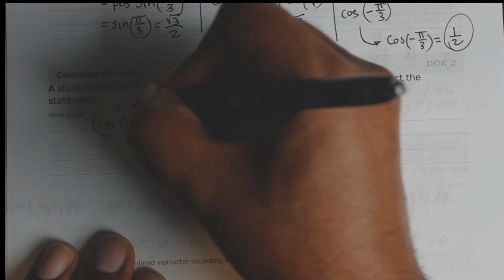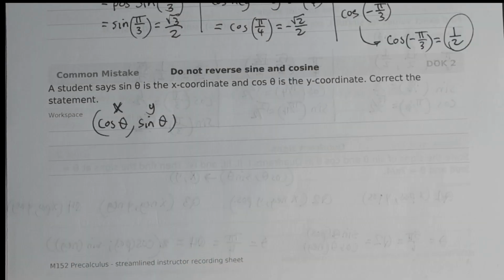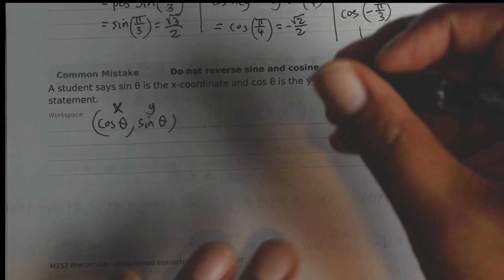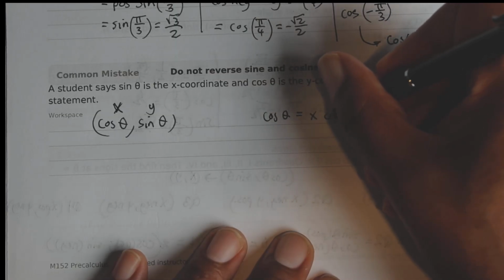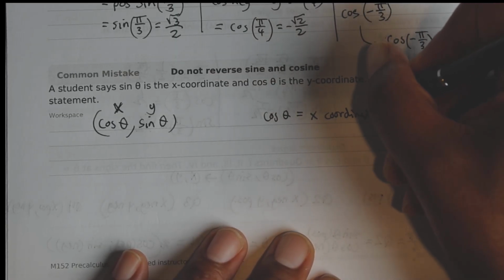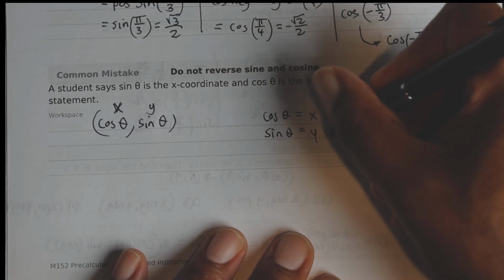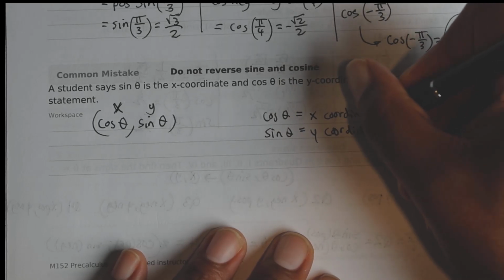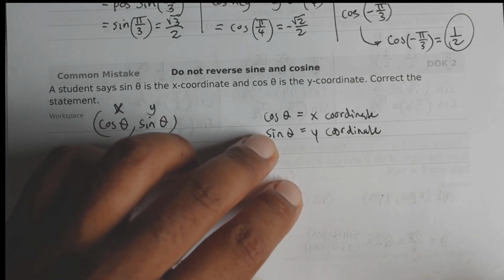Cosine theta is the x coordinate, and sine theta is the y coordinate. Just keep that in mind. And that's it for that.